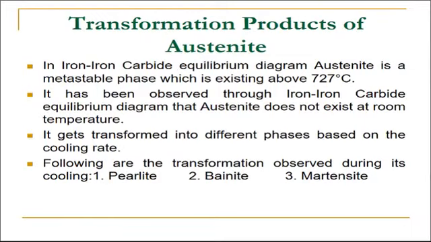Let us start with the transformation of austenite to pearlite. The transformation of austenite to pearlite starts by the formation of cementite nuclei at the austenitic grain boundary. Please see the figure. In the figure, I have shown an austenite grain and its grain boundary. This is a schematic representation of pearlite formation by nucleation and growth.